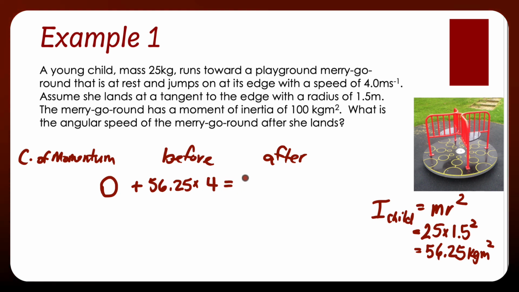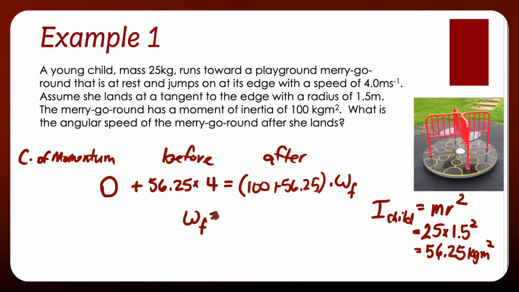And afterwards, we'll have the moment of inertia of the merry-go-round, which is 100, and the child, 56.25, times the angular speed, which we're looking for. If I rearrange this and pick up my handy-dandy calculator, I get 1.4 radians per second.